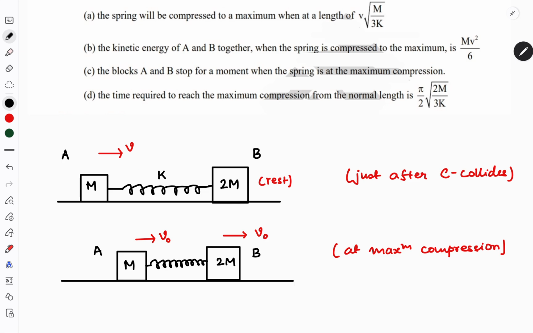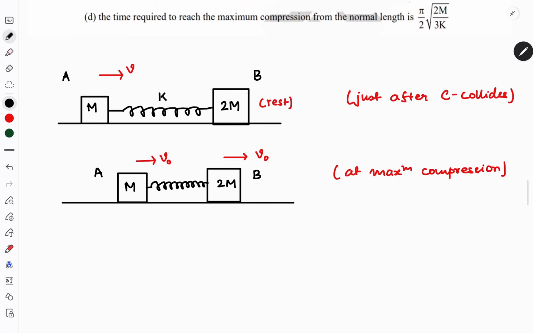If we solve the problem from the C frame perspective, this is a very interesting problem in the C frame. Initially the energy is stored in this form, half m1 m2 upon m1 plus m2, that is 3m, followed by v relative square, which is equal to v square, and finally it is converted into half k x square.